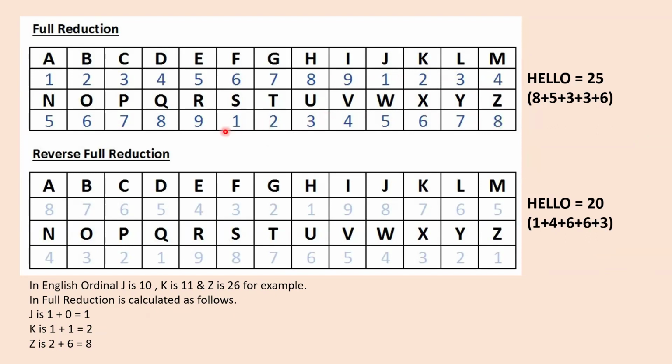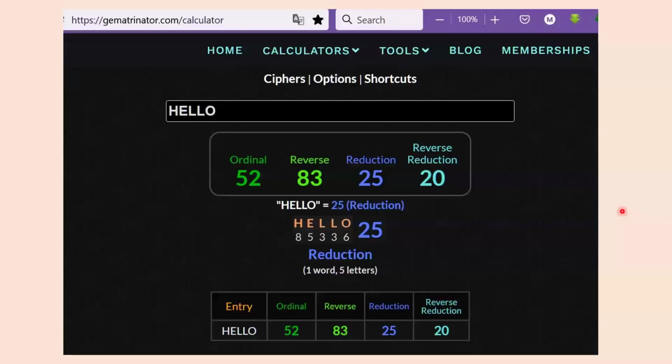Reverse full reduction takes exactly the same principle as the reverse ordinal, working backwards from Z. So you get 1 to 9, 1 to 9, and then 1 to 8. Now taking our word hello, on this cipher hello comes to 25, and here hello comes to 20.